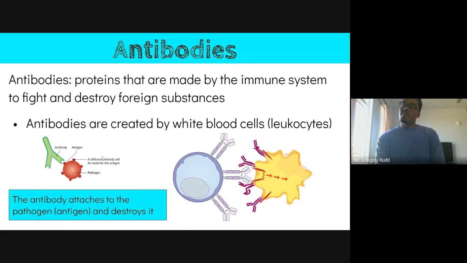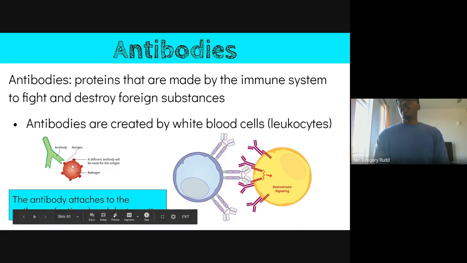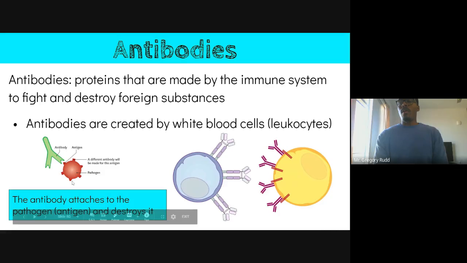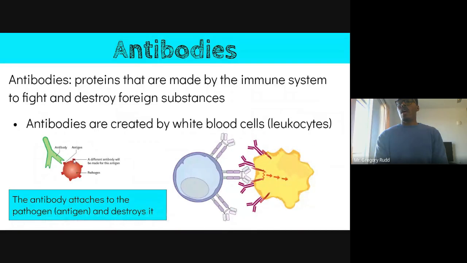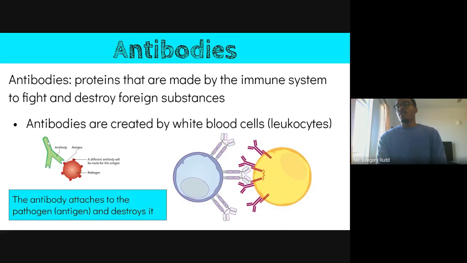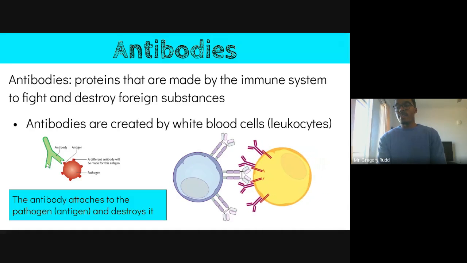So in this still image on the left, we can see that whatever this pathogen is, it has two antigens on its outermost layer. One of them is more curved and one of them is squared off. So this curved antigen is only going to be recognized by this antibody. The squared off antigen is going to be recognized by another antibody.